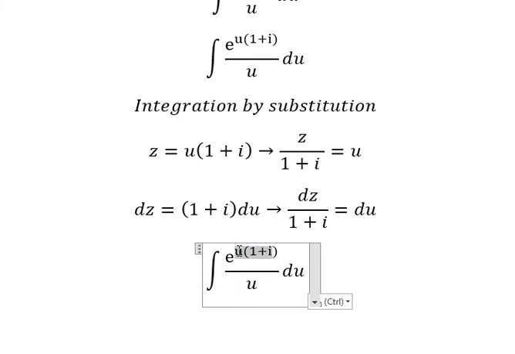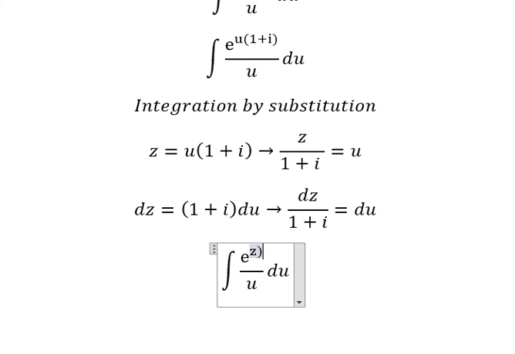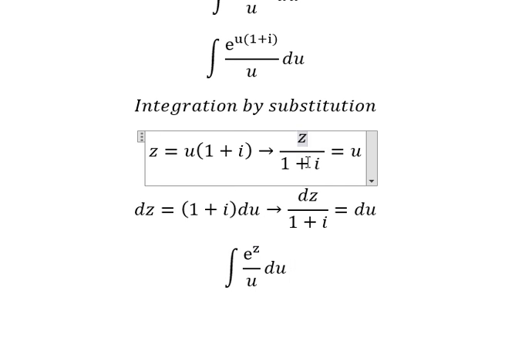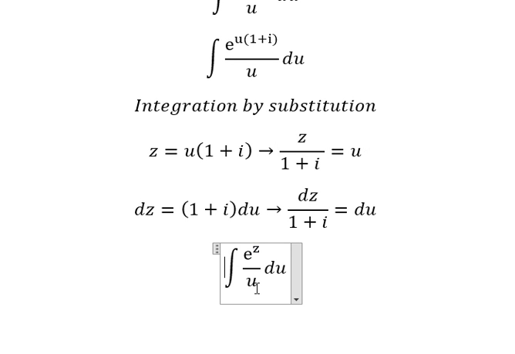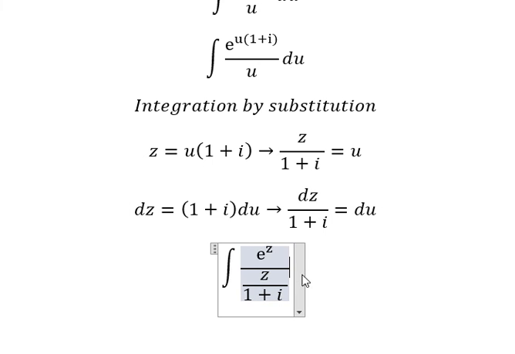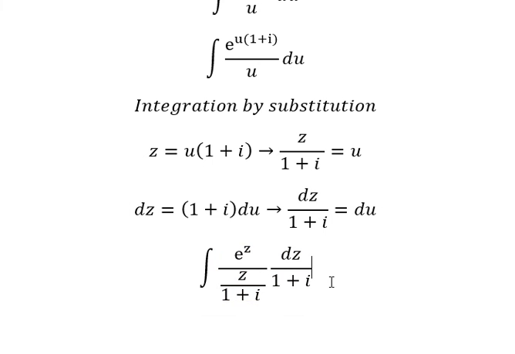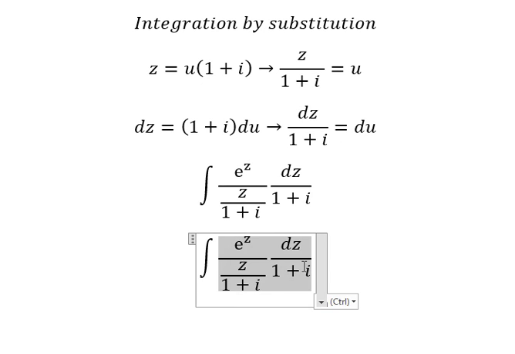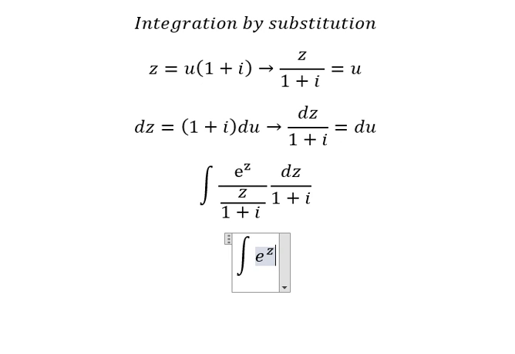This one we change by z. u we change by this one. du we change by this one. Now if we simplify, we just have e to the power of z over z dz.